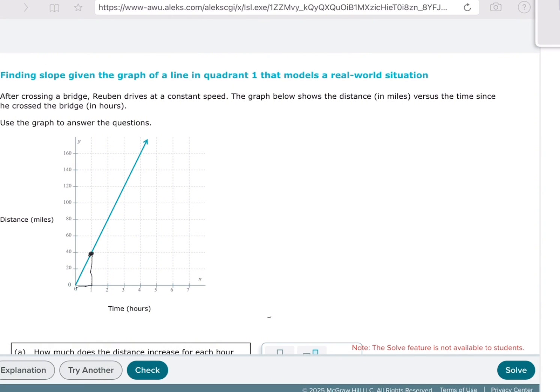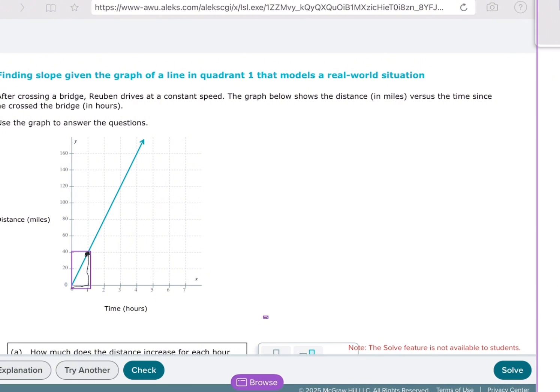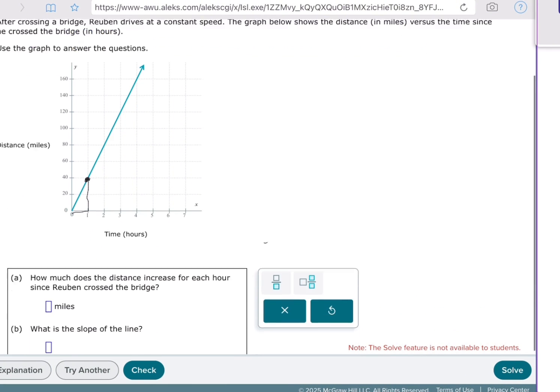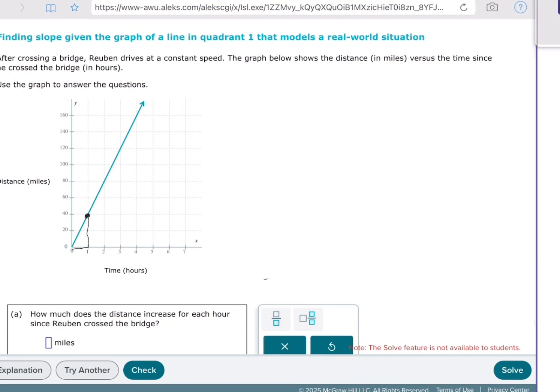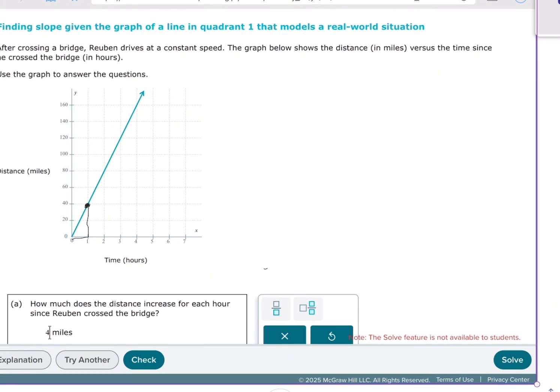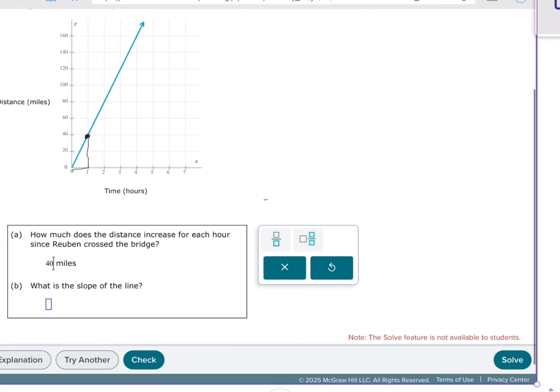So your miles, I didn't read the scenario. Your distance in miles that Ruben drives is 40. And then the slope of the line is also 40.